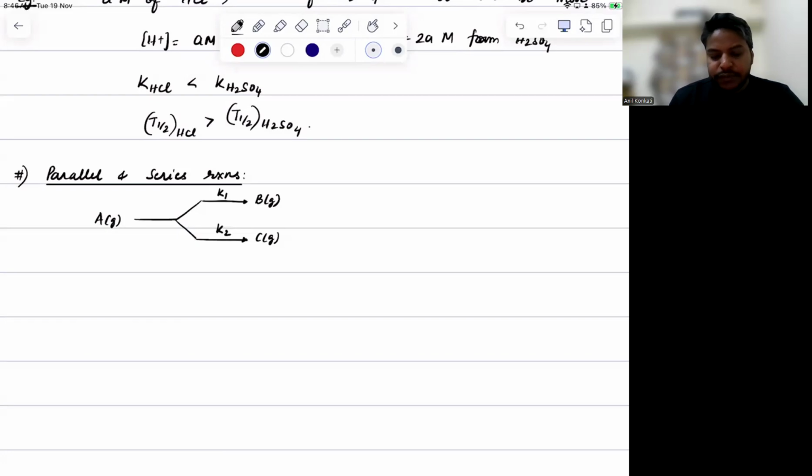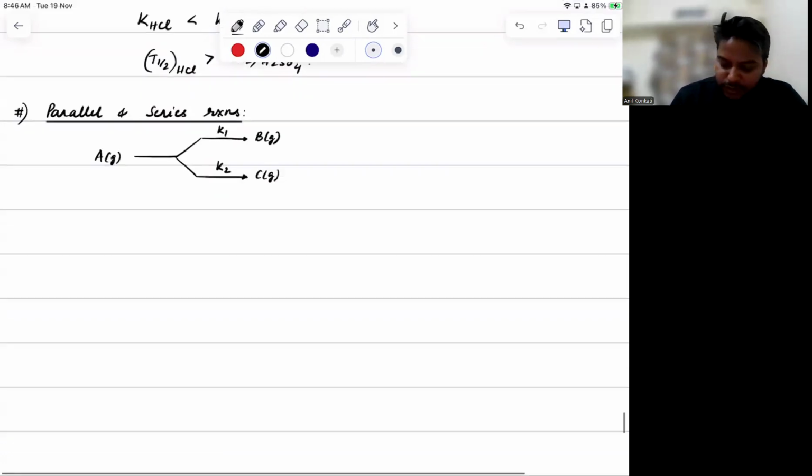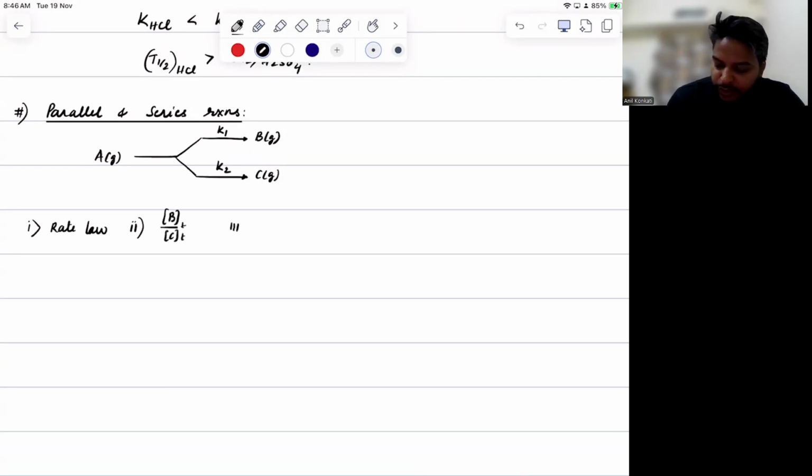What are the questions which are typically asked? First question is, what does the rate law look like? Second question is, what is the ratio between B and C at any time t? Third question is, what are the concentrations of A, B, and C at any time t?